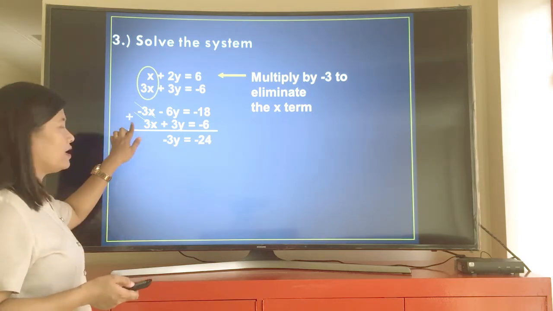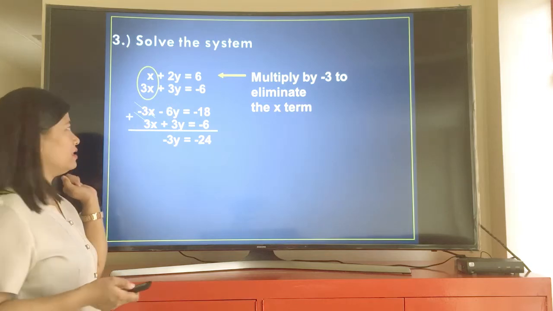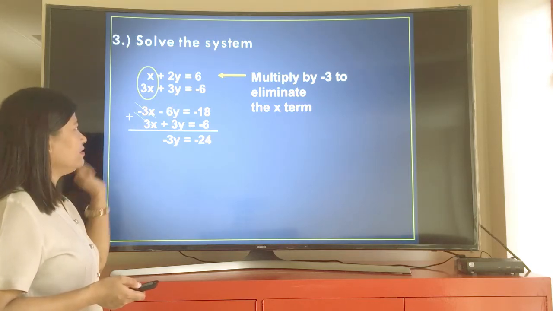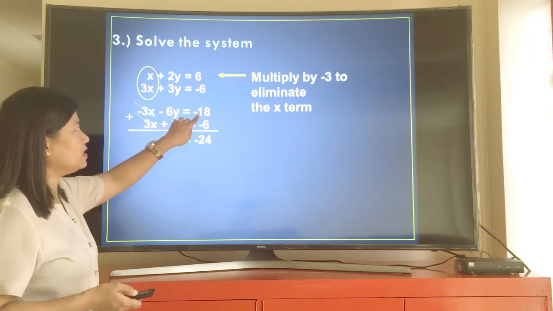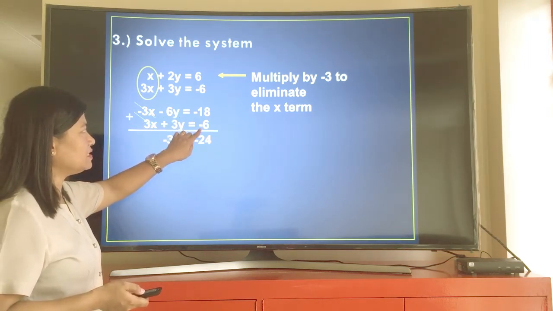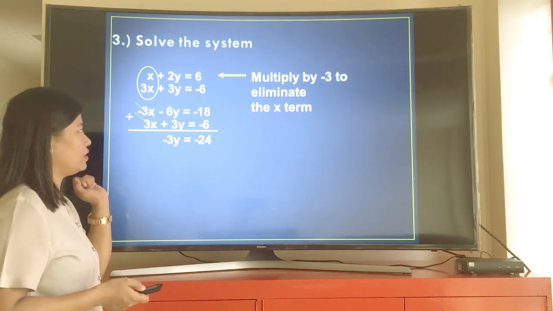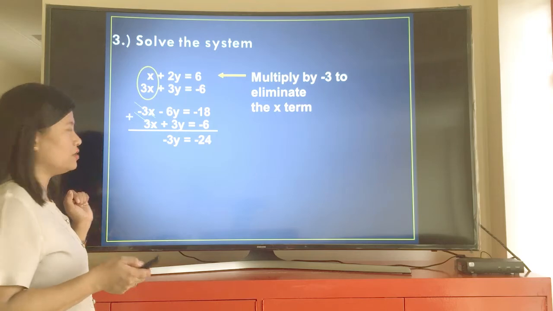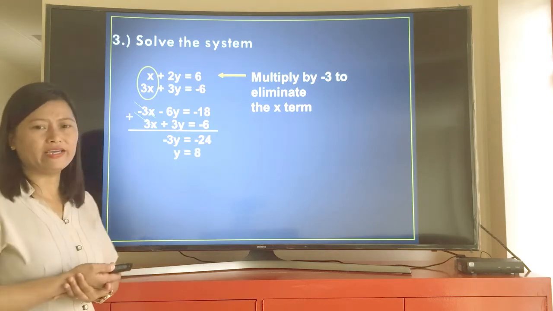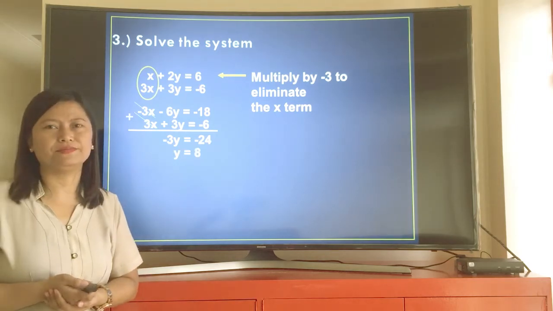See, variable x is already eliminated. Again, negative 6 plus 3 is negative 3. Negative 18 plus negative 6 is negative 24. Dividing both sides of the equation by negative 3, we have y is equal to 8.